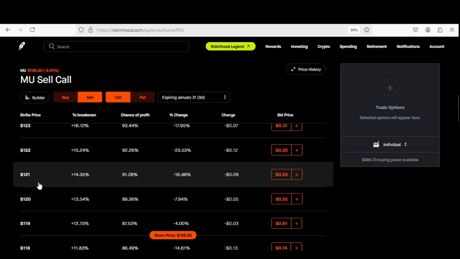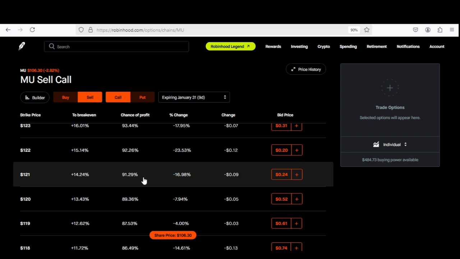The reason I'm going with the 121 strike price is because you own a LEAPS option and your primary goal is to make sure this LEAPS option goes up in value. Your secondary objective is for you to use this LEAPS option in order to make consistent income. So in order for you to try your best to keep the LEAPS in your portfolio, you need to increase your chance of profitability to meet your second agenda.